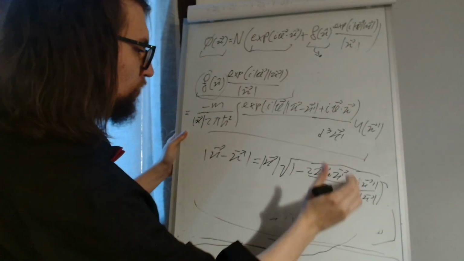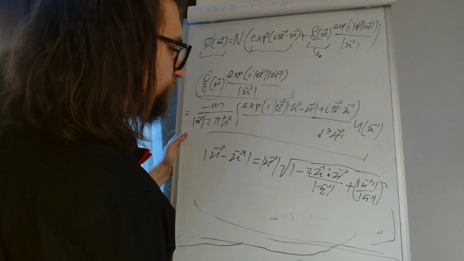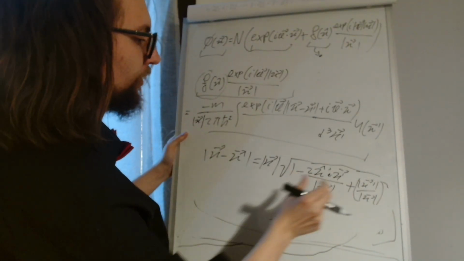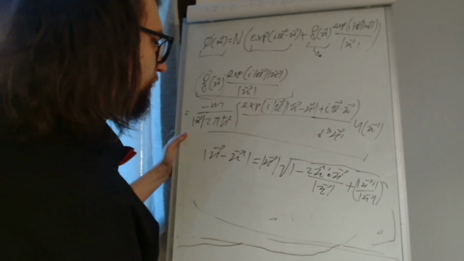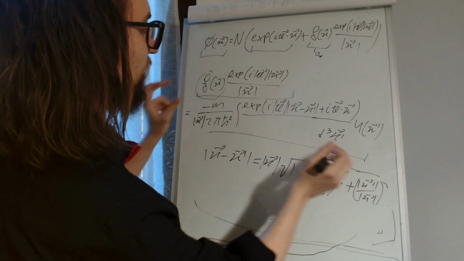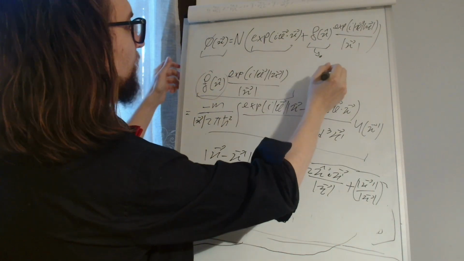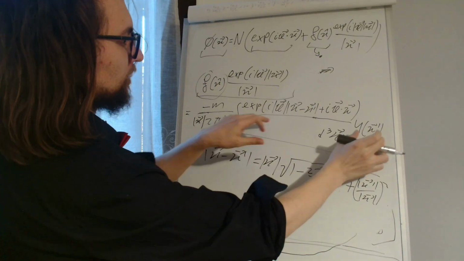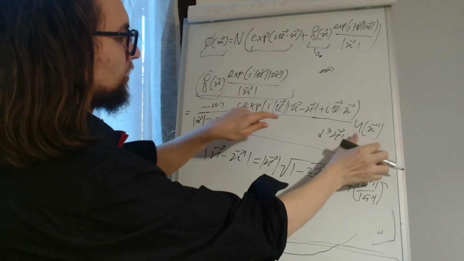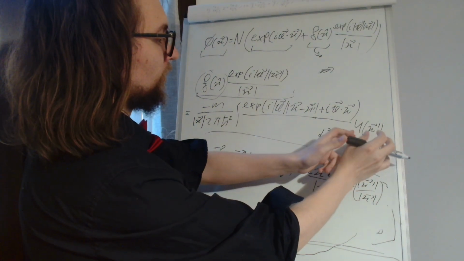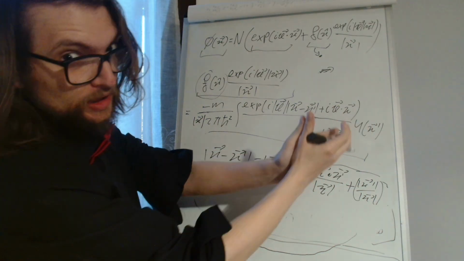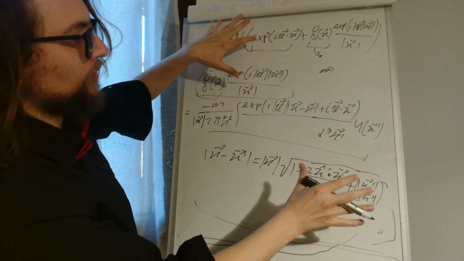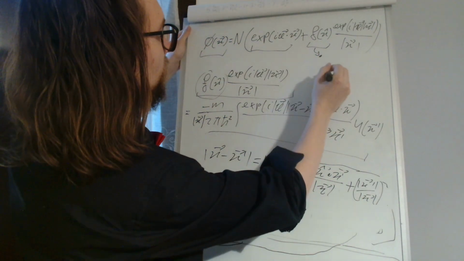Now we want to approximate for this ratio to be very small because we are very far from the origin, and the points x prime are close to the origin, remember, because these are the points where we are evaluating the integral, and the integral contains this potential term which is 0 far from the origin, because by hypothesis it decays very quickly, so the x prime are all close to the origin.